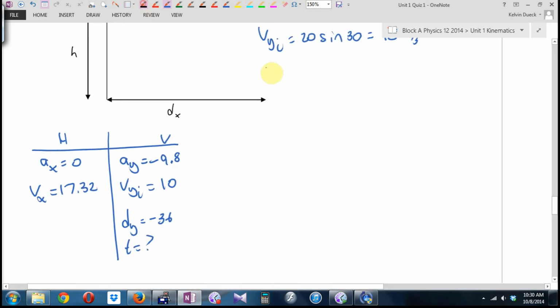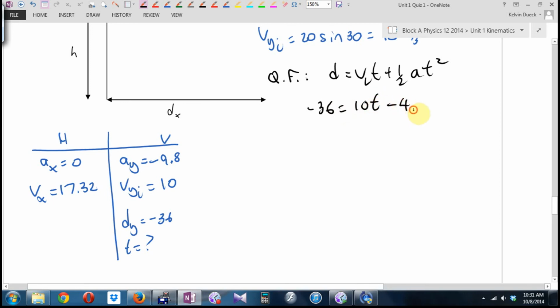So I'm going to do this with the quadratic formula, and I'll do it by finding Vy final and finding time. So if I use the quadratic formula, I'm going to use D equals VIT plus a half AT squared. I'll have negative 36 equals 10t minus 4.9t squared. I'll have 4.9t squared minus 10t minus 36 equals 0.